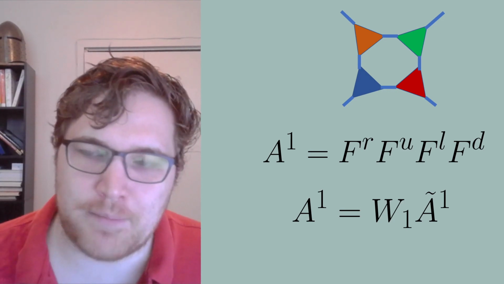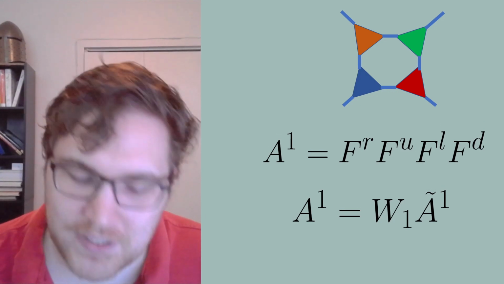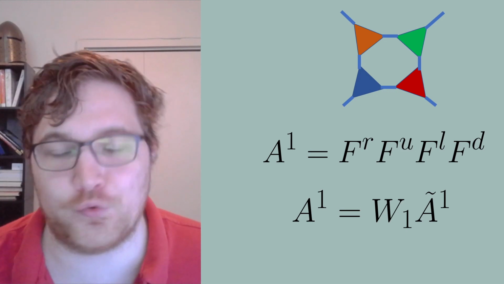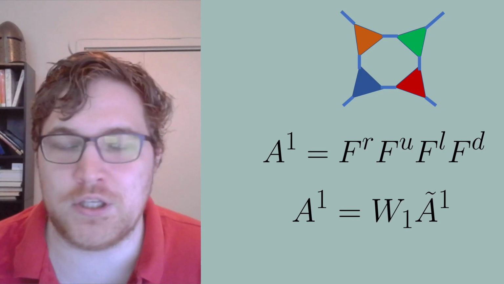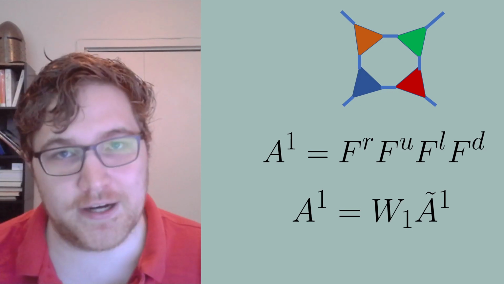Doing this at every step and tracking the W's will be sufficient to construct the free energy and basically calculate all of the thermal equilibrium properties of the Ising chain.